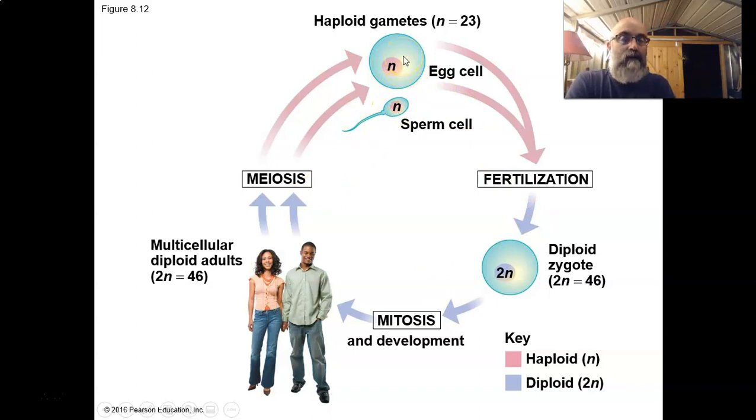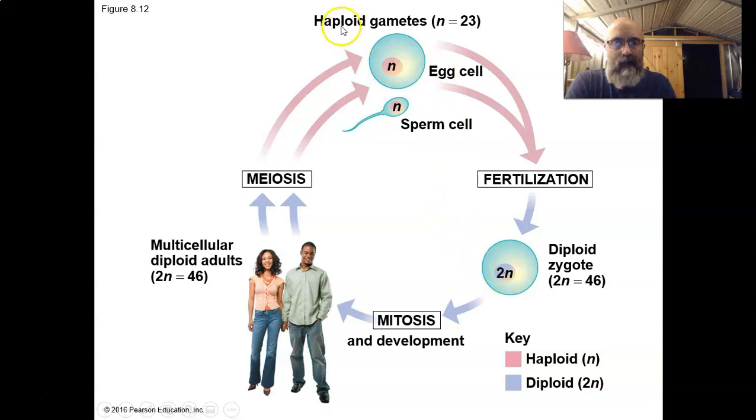Oh, so man and woman meet each other. They love each other very much. They engage in coitus, sexual engagements. And the sperm and the egg come together in a process called fertilization. So we have N plus N, 1 copy of each chromosome in the egg, 1 copy of each chromosome in the sperm. 1 plus 1 equals 2.